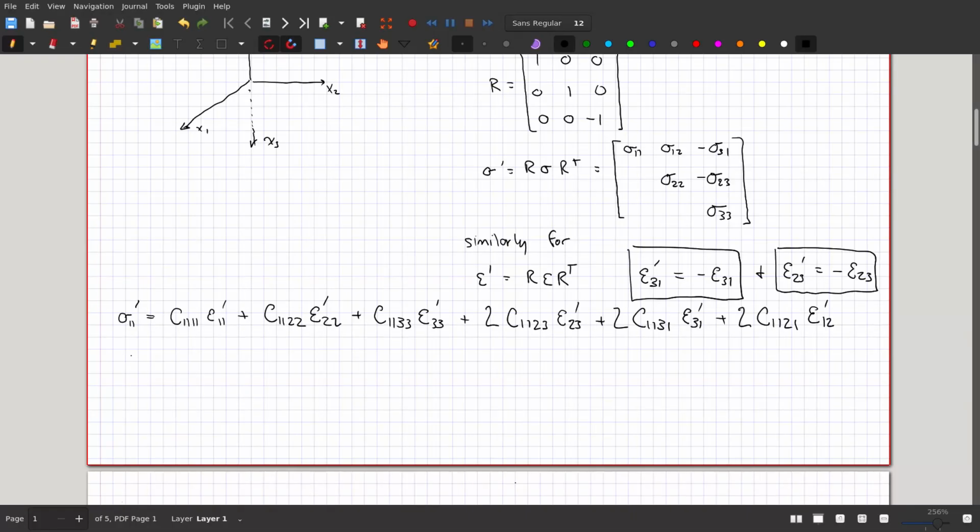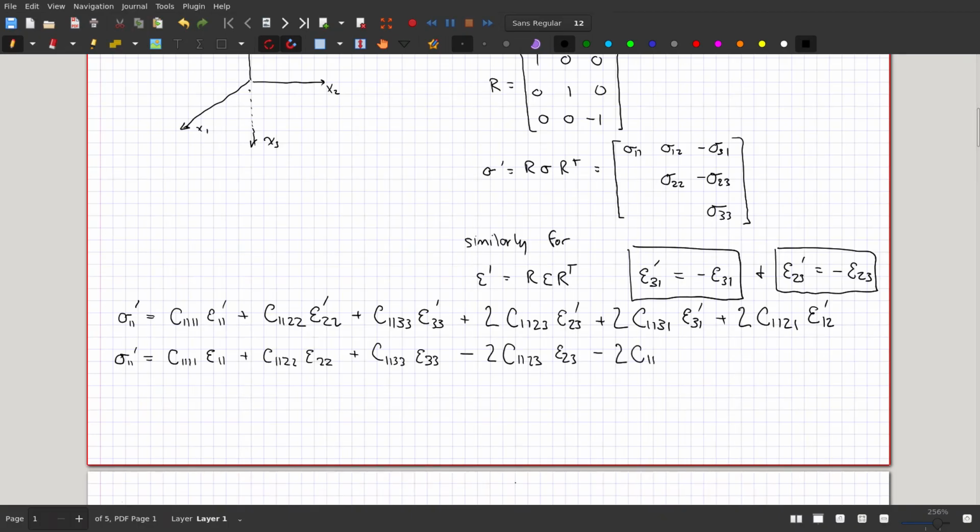And the other ones are the same, right? So now I get a minus sign. Minus, okay.